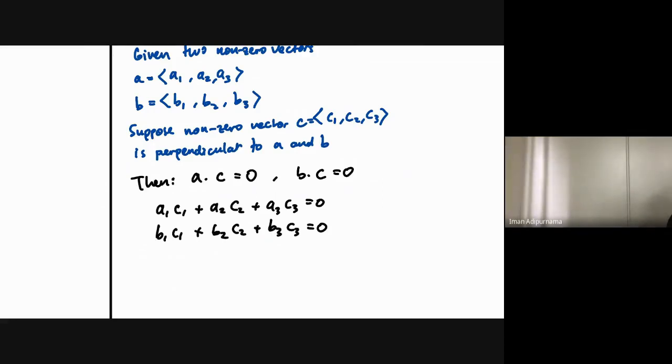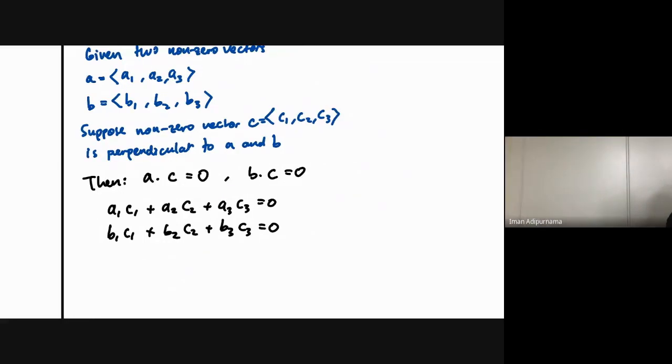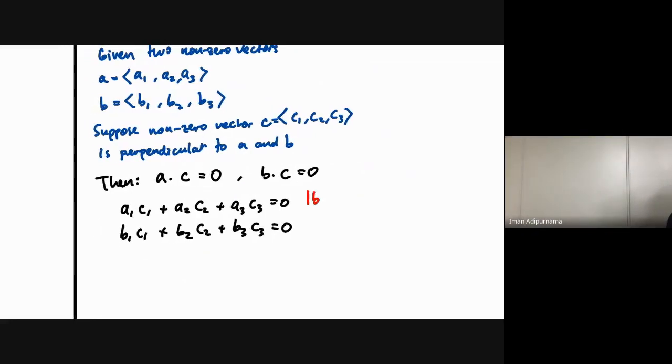So to eliminate one of these, let me eliminate the C3. I will multiply this with the B3 and multiply this with the A3.